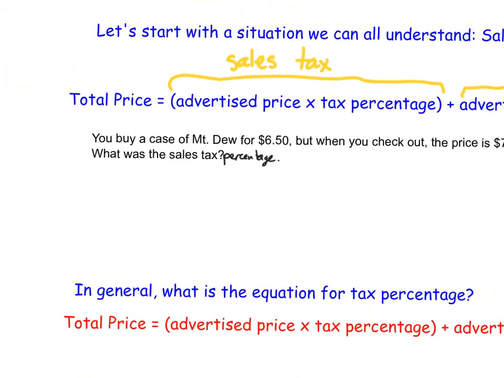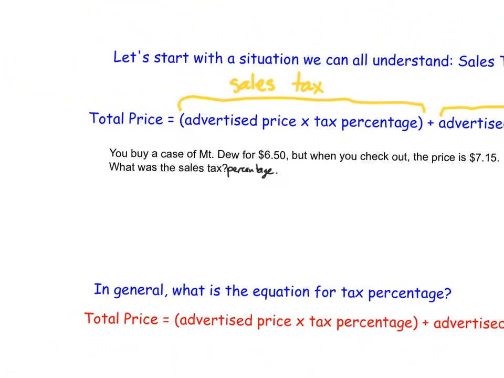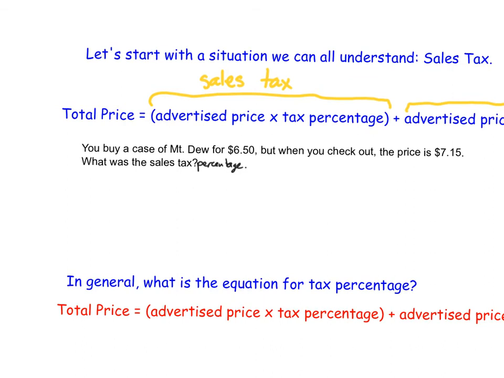So, if we plug it into this formula, the total price was $7.15. The advertised price was $6.50 times the sales tax, I'll just call T, and then add on the advertised price, which is $6.50. If we're going to solve this for T, that's the goal here, we want to get rid of that plus 6.50 first.